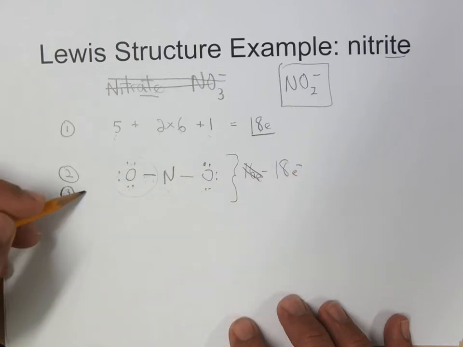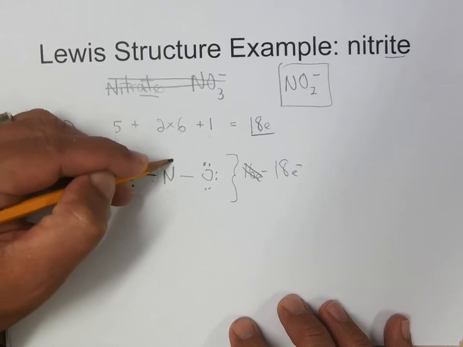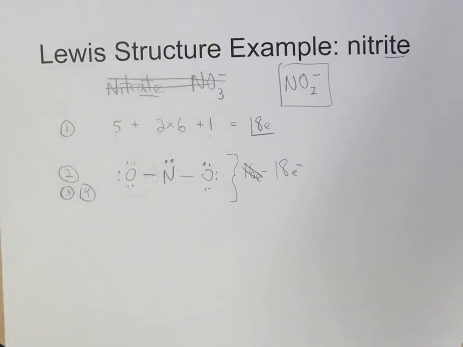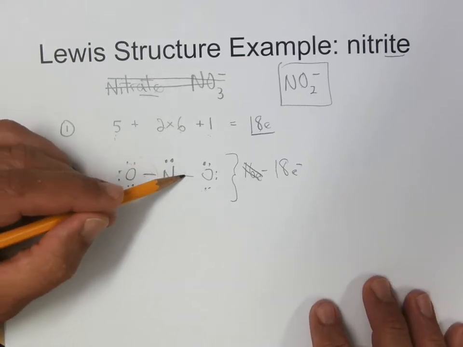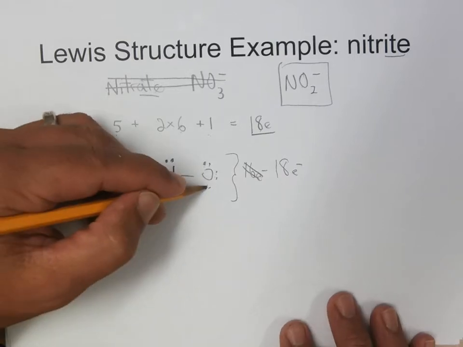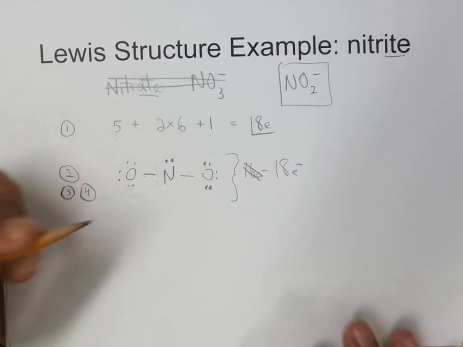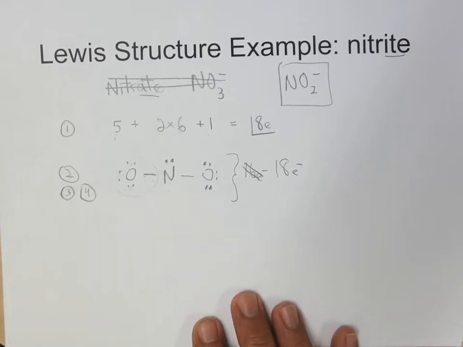And the fourth step says I add those 2 to the central atom. So now I have 18 electrons in the picture, 2, 4, 6, 8, 10, 12, 14, 16, 18. I'll be careful not to put the pencil to the page too many times because I'm adding extra dots. But you can see I now have 18 electrons in the picture.